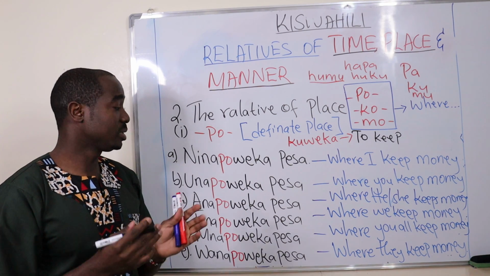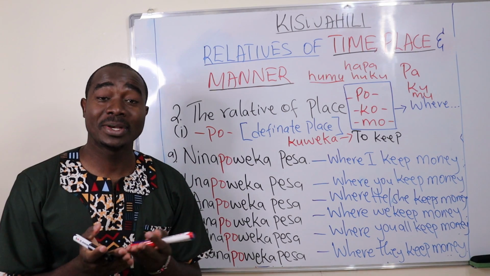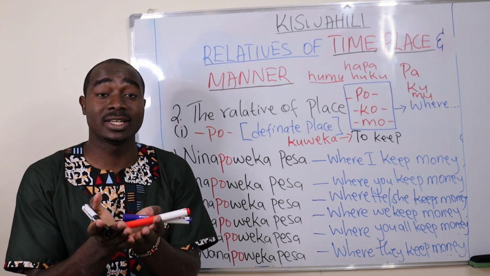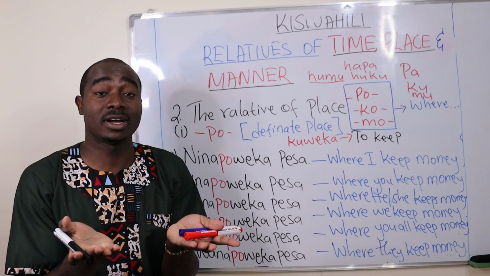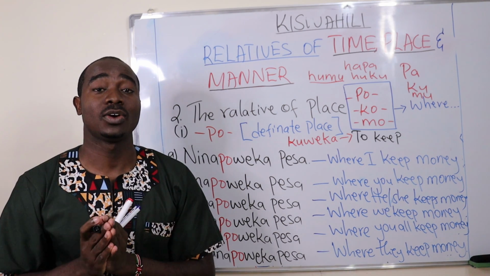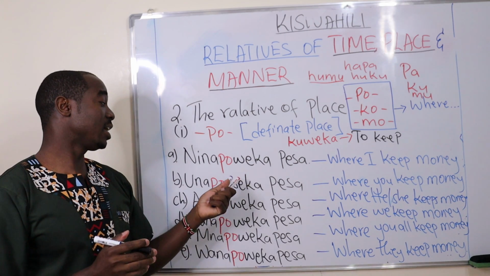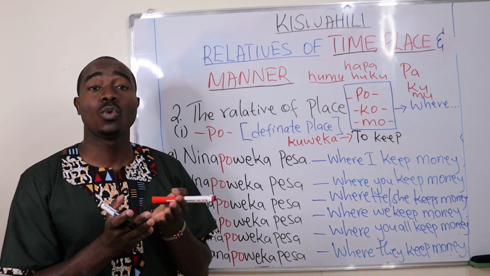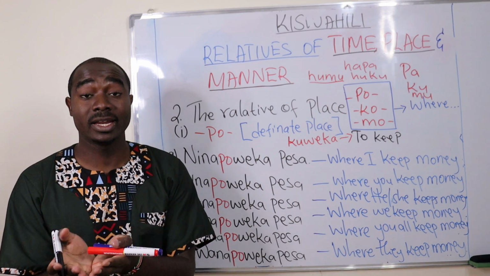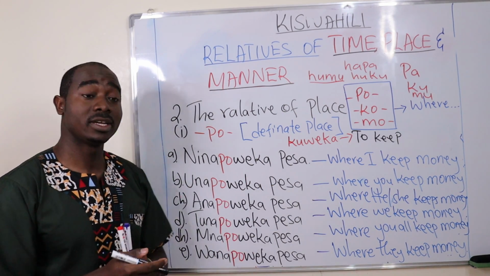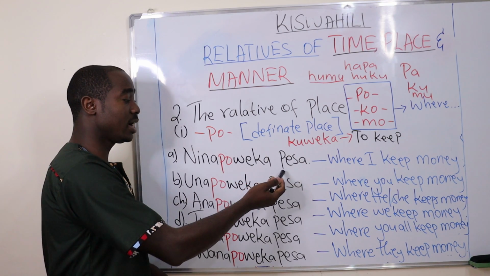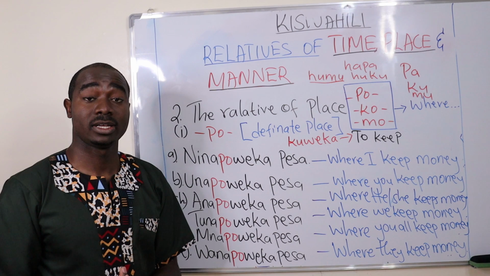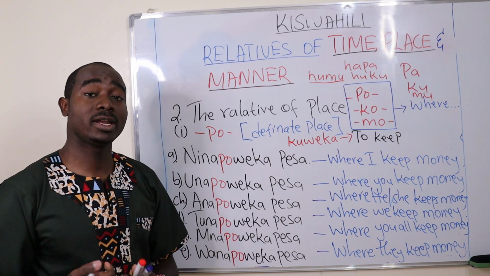Just a normal verb, ninaweka pesa means I'm keeping money. That's a normal verb with the present tense marker. But when we say ninapoweka pesa, this means where I keep money. Pesa is money. Ninapoweka pesa, where I keep money.